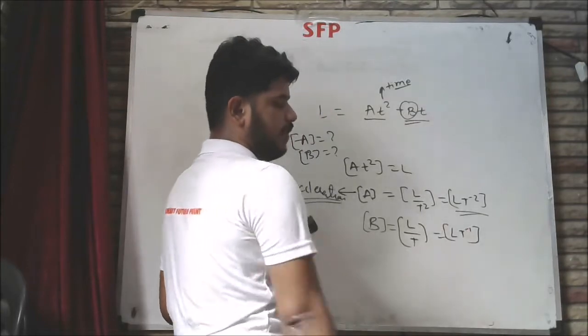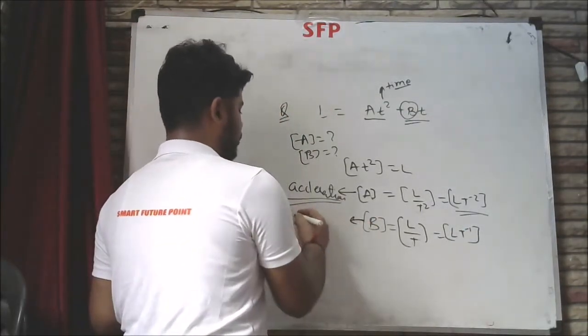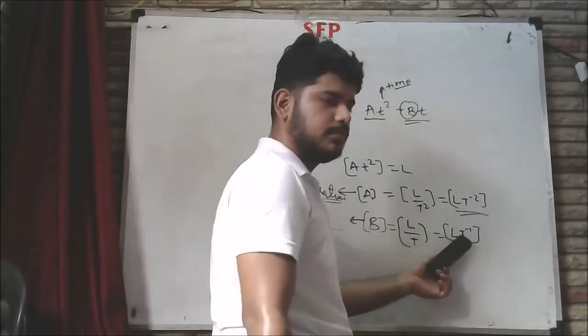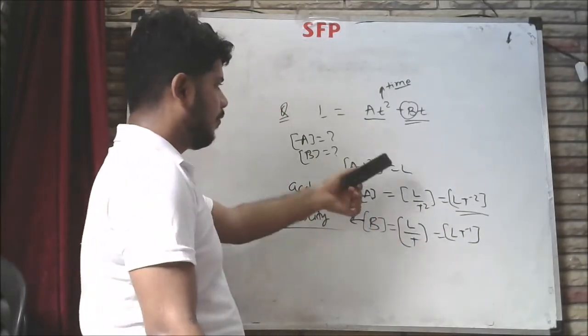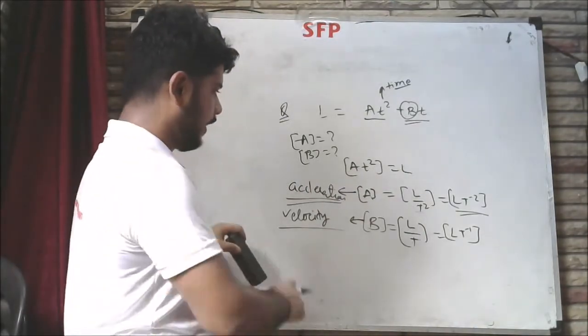It is again LT minus 1. We are familiar with this. This is nothing but velocity. So using this, you can always find the value or dimension of any constant.